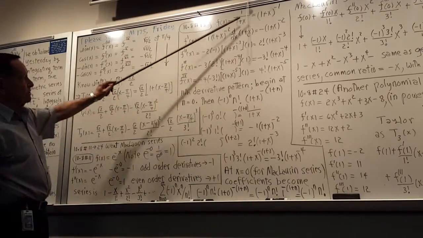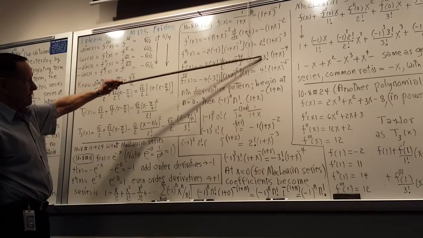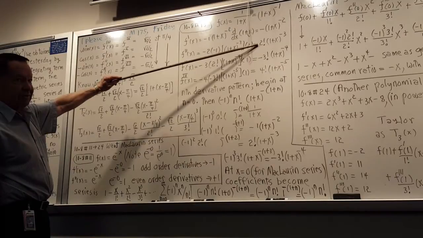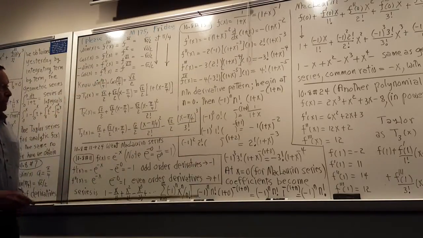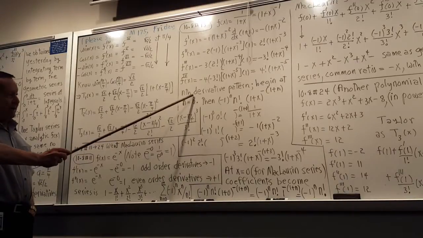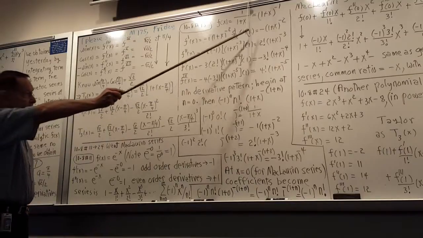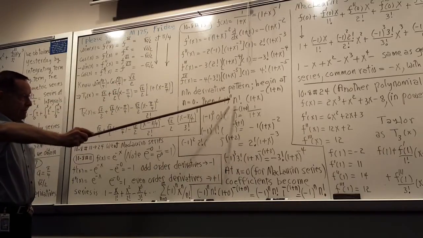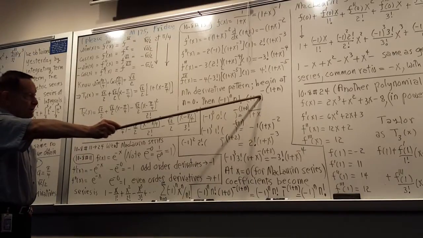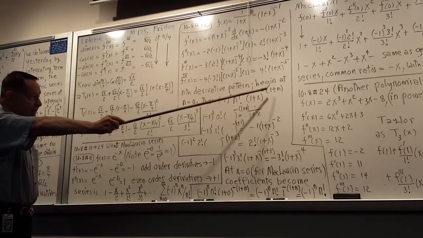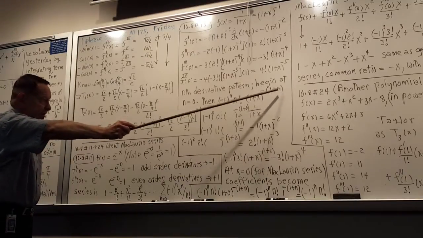So what you're getting is a pattern with alternating sign and a factorial as your coefficient. So the nth derivative pattern, if you begin with n equals 0, is going to be sign alternator, n factorial times 1 plus x to the minus (n plus 1), which is in parentheses.